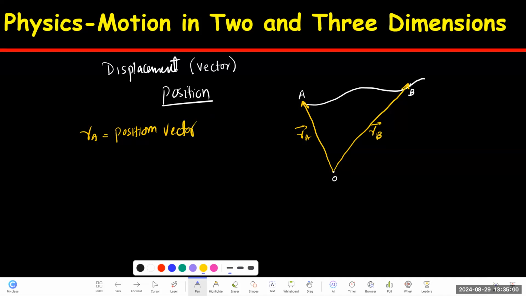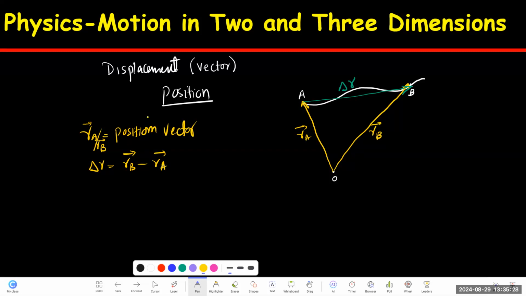And if you want the delta between the two, I'm going to draw it in green, maybe, and call it delta R. Really, what this delta R is: I can say that there is position vector RA, and I can also say there is position vector RB. These are the two position vectors. And if I want delta R, I can say it's RB minus RA.